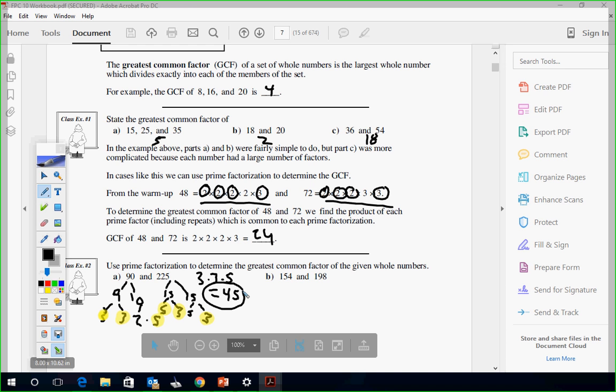Okay, 154. If we do 154, we're going 2 and 77, 7 and 11. That's all for 154. Now 198: 6 and 33, 3 and 2, 3 and 11.